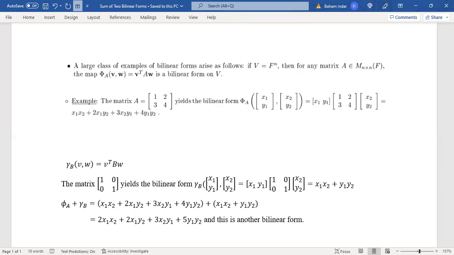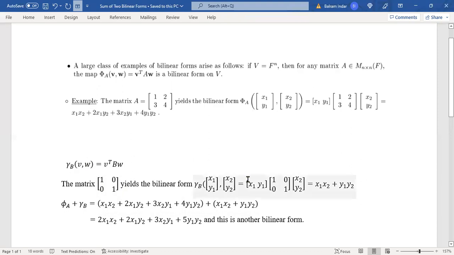Now, I'm going to define my bilinear form gamma of V, W on B, right, is equal to V transpose B W. Now, I'm going to arbitrarily select B as the identity matrix, right? Real-valued entries there, 1, 0, 0, 1. And I'm going to do the simplification.